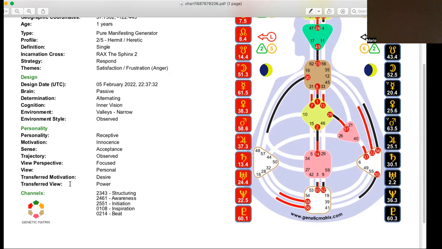Whereas the design side previously went over on the left-hand side column, those variables represent our specific determination, cognition and environment style. So environment meaning the type of area we should live in. In this particular case, it's valleys. Some people have mountains, some people have artificial shores. There's many different ones.